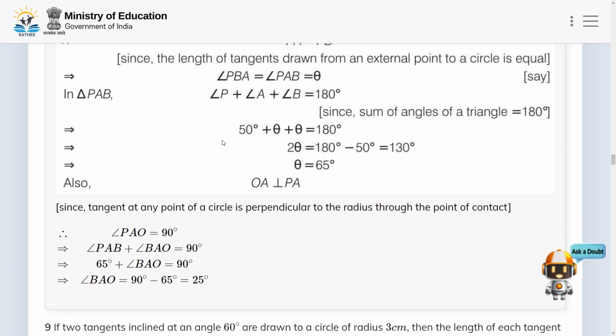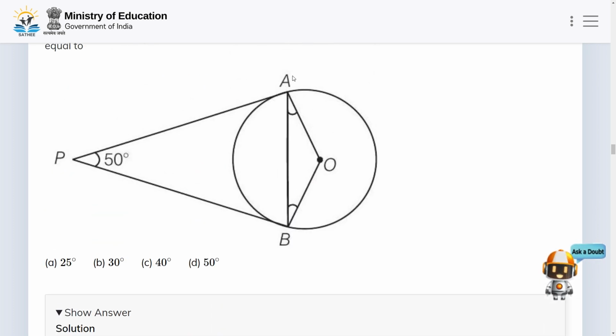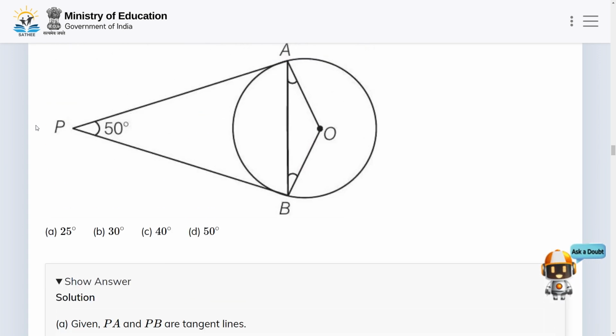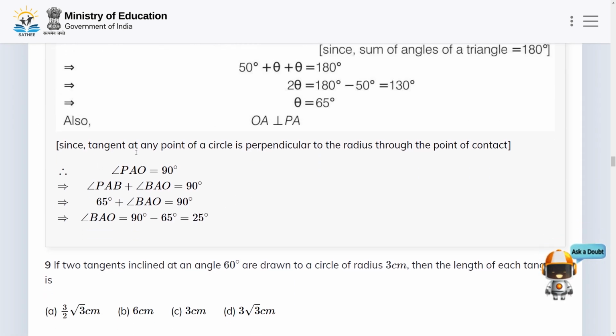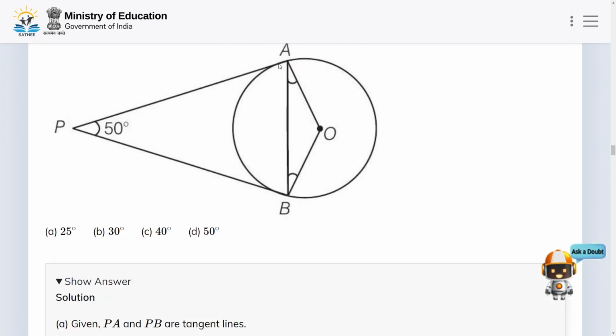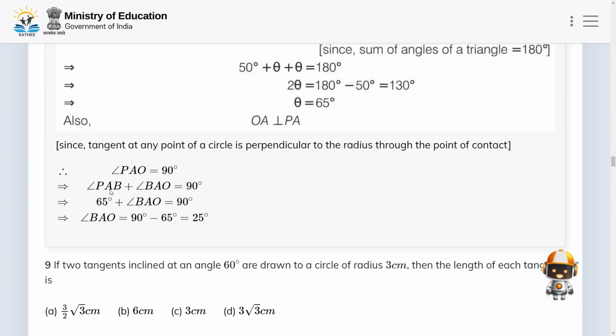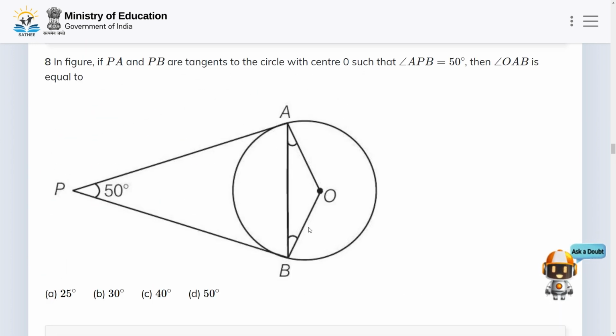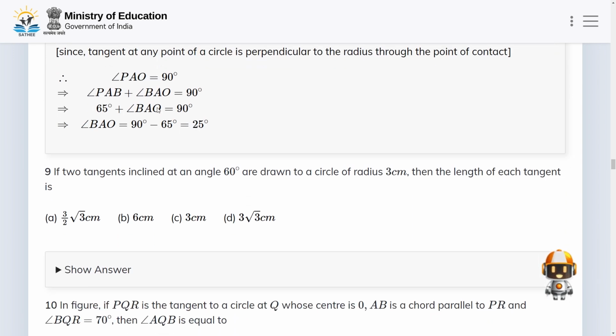Also here OA is perpendicular to PA, and OB is perpendicular to PB. So since the tangent at any point of a circle is perpendicular to the radius through the point of contact, therefore angle PAO is equal to 90 degree, and it implies angle PAB plus angle BAO is equal to 90 degree, and here angle PAB is 65 degree, so it implies 65 degree plus angle BAO is equal to 90 degree.